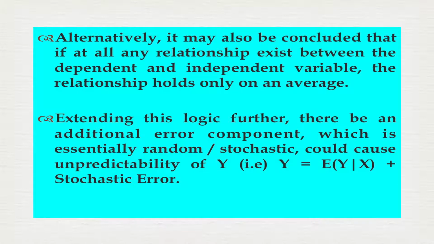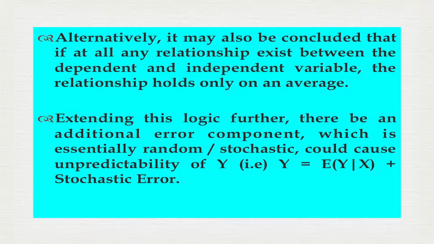Alternatively, it may also be concluded that if at all any relationship exists between the dependent variable and the independent variable, the relationship is an average relationship. Extending this logic further, there will be some error component, which is essentially random or stochastic, apart from this component, that could cause unpredictability of y.